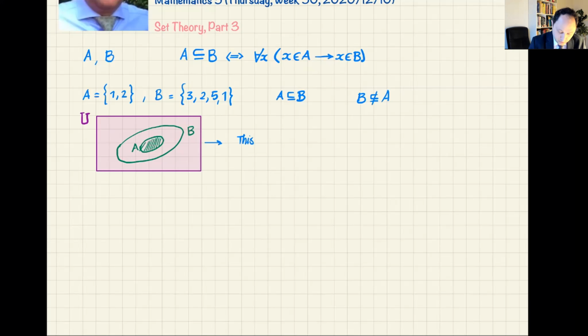This rectangle is usually used for the universal set. So I would say that this diagram represents A being a subset of B.